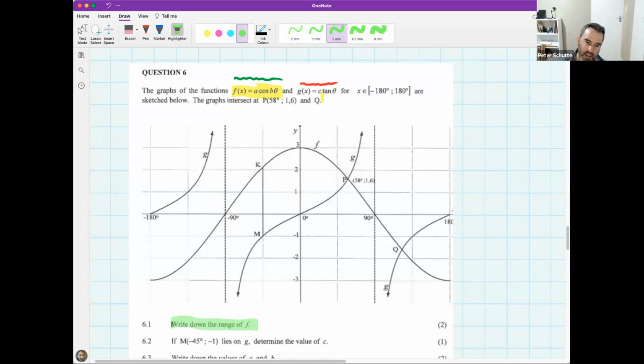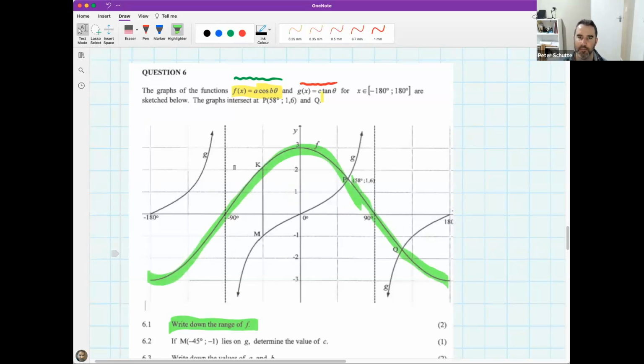Write down the range of F. What is the range of the graph F? Write that down for me.